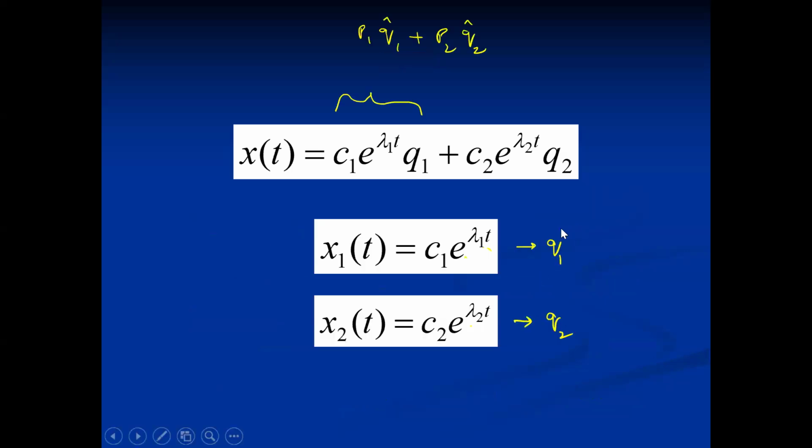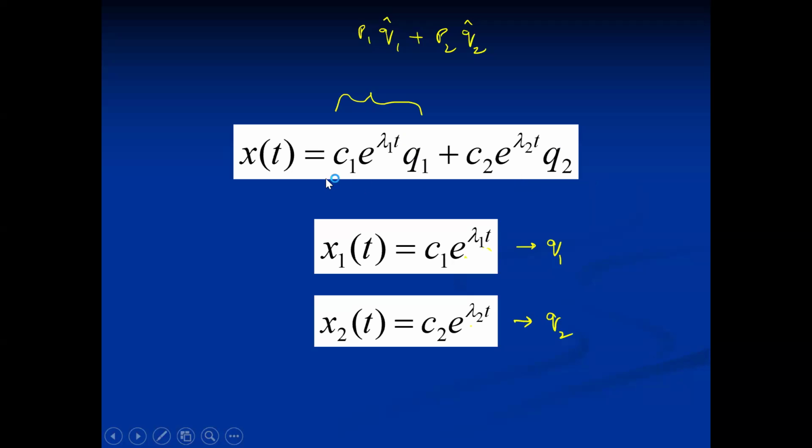So what do we understand by the solution? x of t is equal to c1 into e power lambda 1 t times q1 plus c2 into e power lambda 2 t times q2. Q1 and Q2 are orthogonal vectors, so think of them as two bases. c1 into e power lambda 1 t and c2 into e power lambda 2 t are scalars, and Q1 and Q2 are vectors.